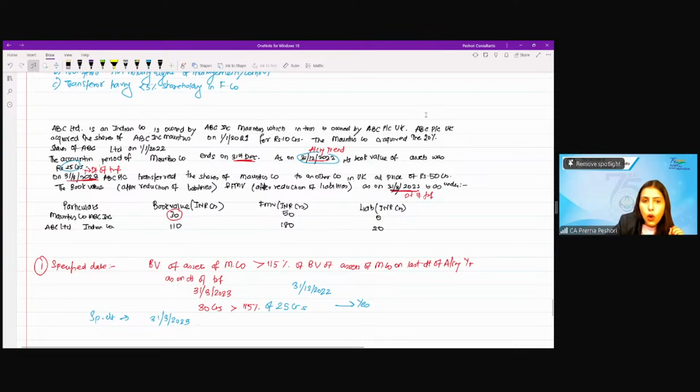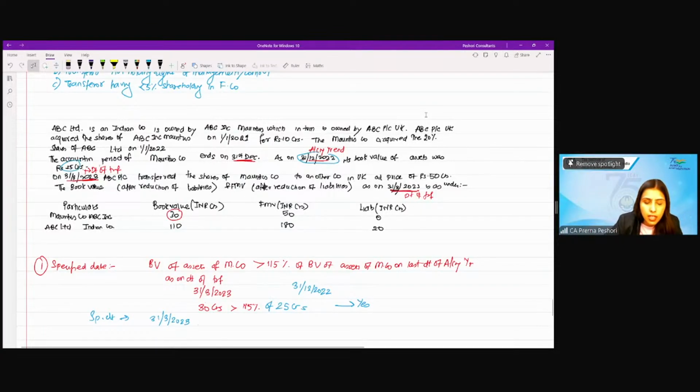So it will be 180 plus 20. So this is the FMV after the reduction of liabilities, if you check it. So you will add another 20 crores of liability into this. If you remember, what did we discuss?